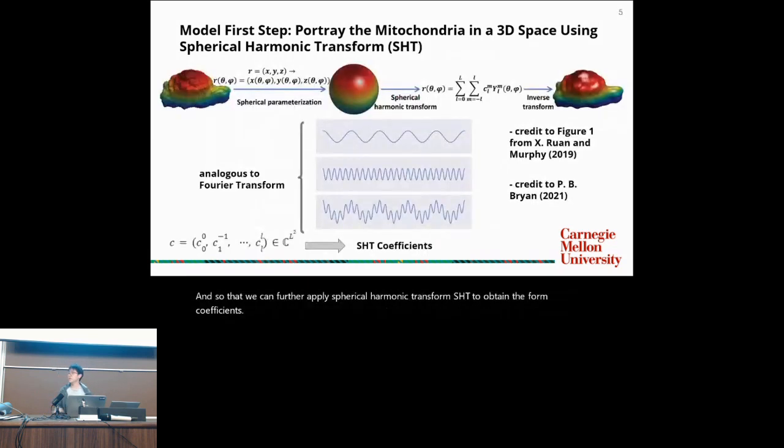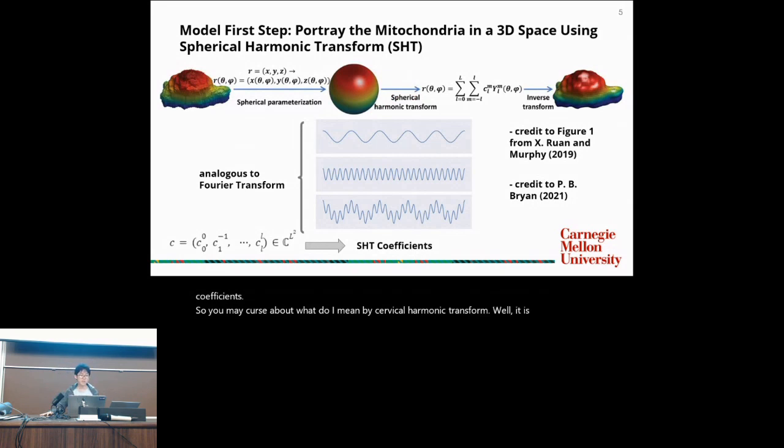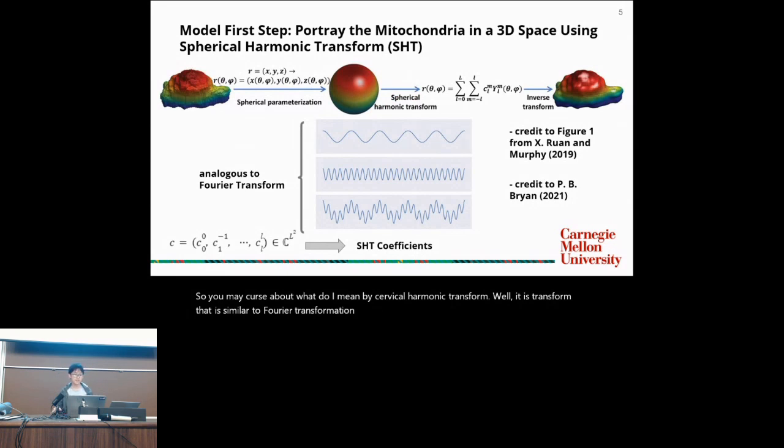You may be curious about what I mean by spherical harmonic transform. Well, it is a transform that is similar to the Fourier transformation, which illustrates that a complex signal can be considered as a linear combination of several simple trigonometric bases, including sine or cosine functions.